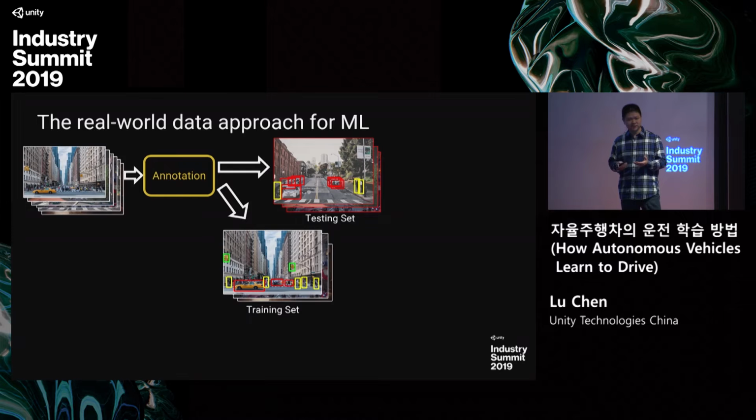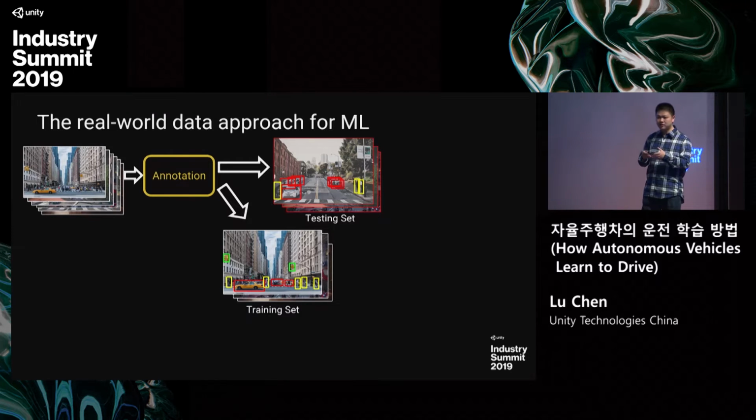We call it supervised learning. You need to tell the car on this image what is the pedestrian, what is the car, what is the road, through red boxes in different colors to indicate different semantic meanings.